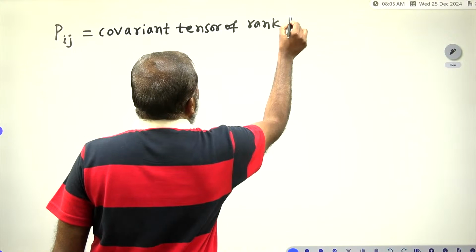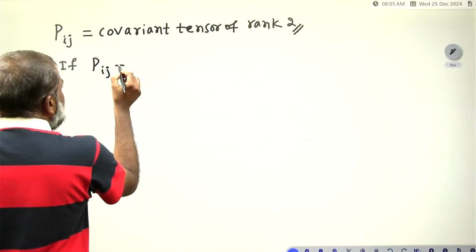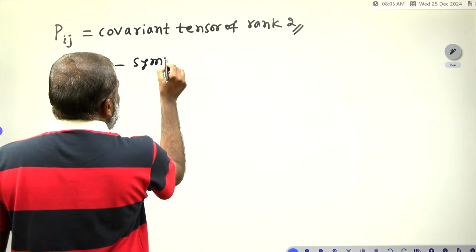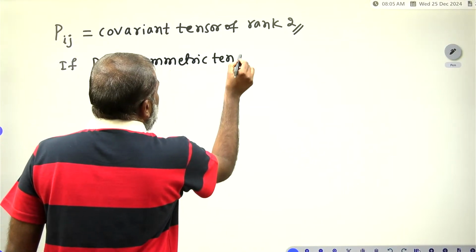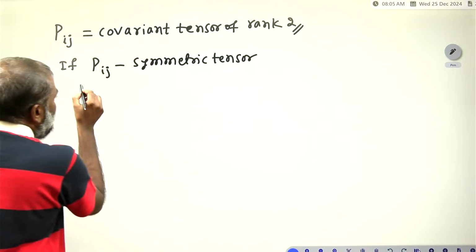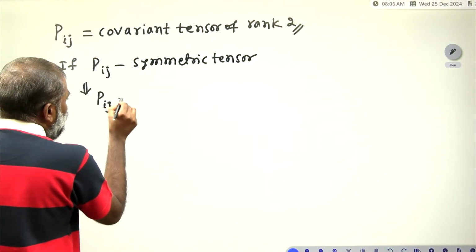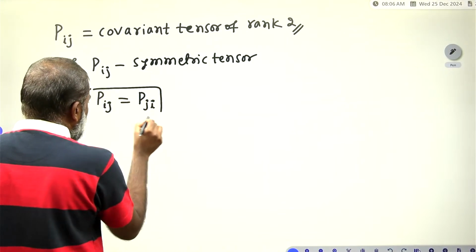If Pij is a symmetric tensor, what is the definition? Pij is equal to Pji. This is the symmetric tensor.